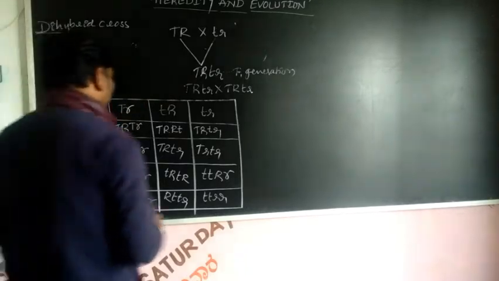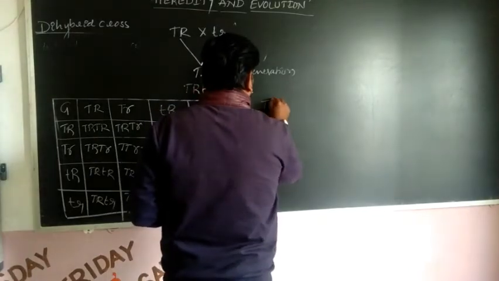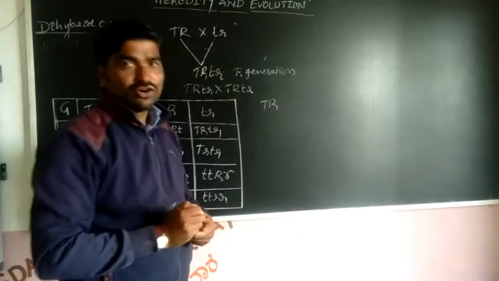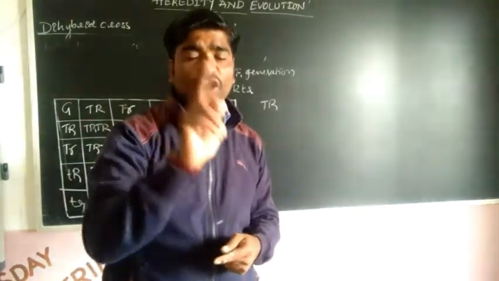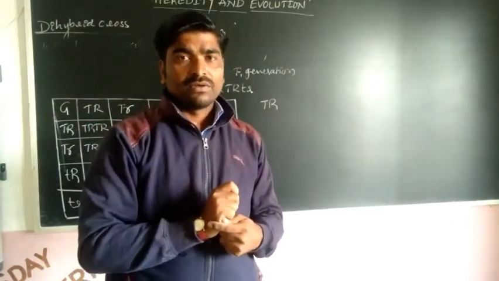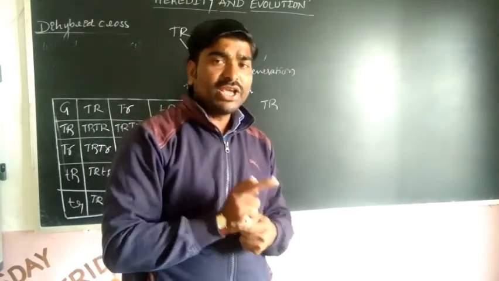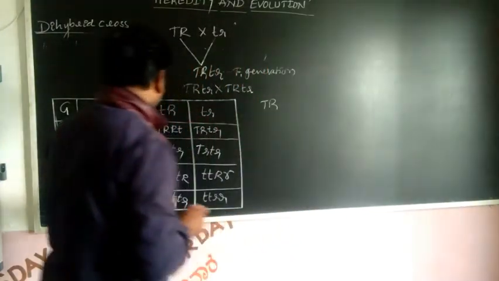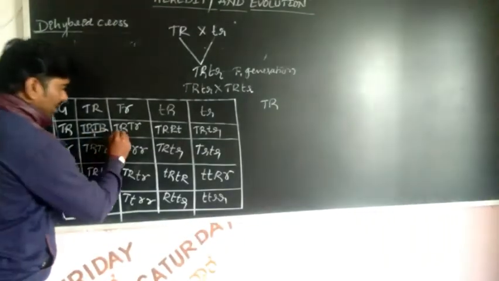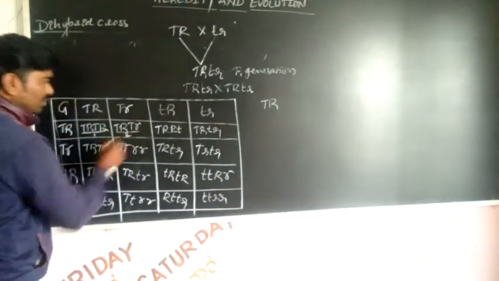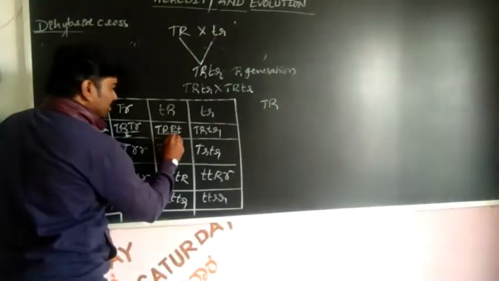So here, where the capital T capital R gametes are there, all plants become red flower with the tall plant. Where the capital T capital R is there, so here one is there, 1. Here also, 2. Here also, 3.